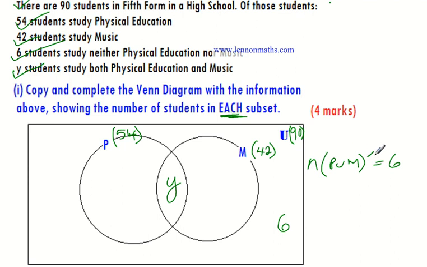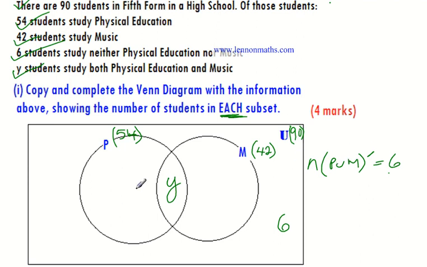The number of students outside of the union of P and M, outside of the both union. Should I say outside of P and M basically. All right, so neither P nor M. We have 6 students, so that goes outside. Okay, and so that's the first subset. P union M all complement, or the complement of the union of P and M.